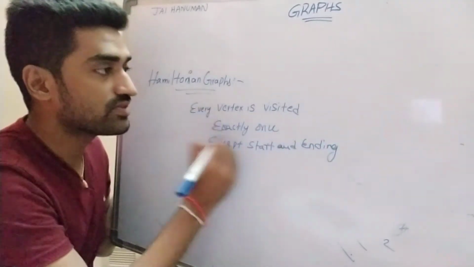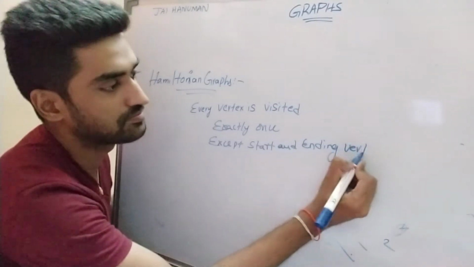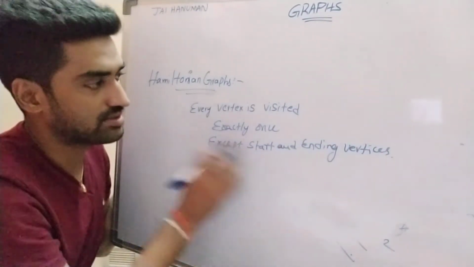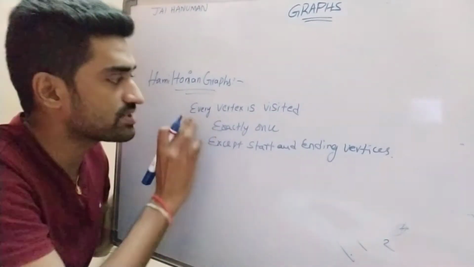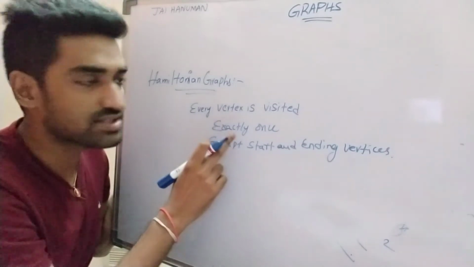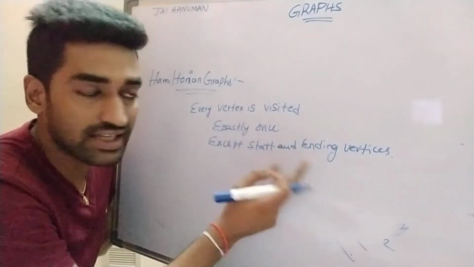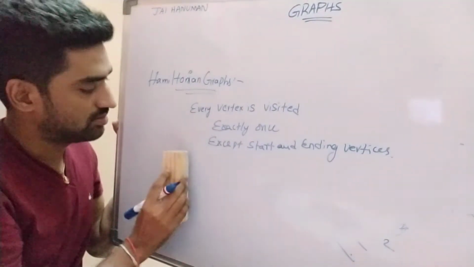Remaining vertices are visited exactly once except starting and ending vertices. So this is the definition of a Hamiltonian graph. Here I am taking one example.